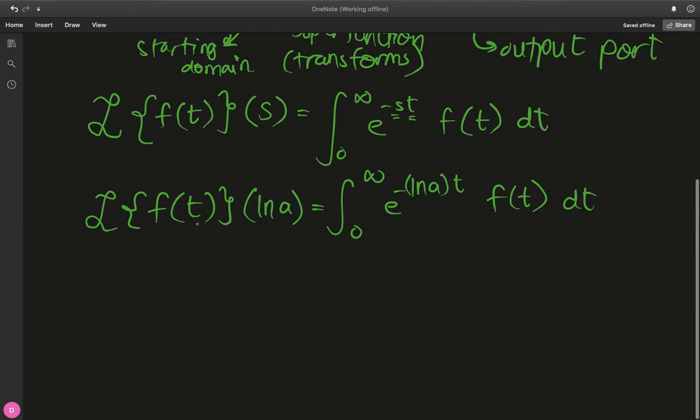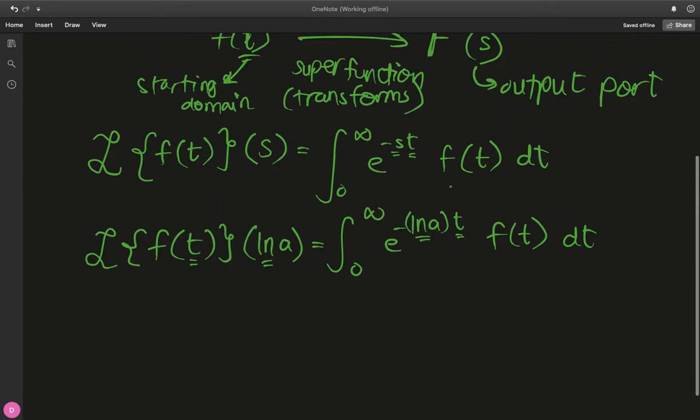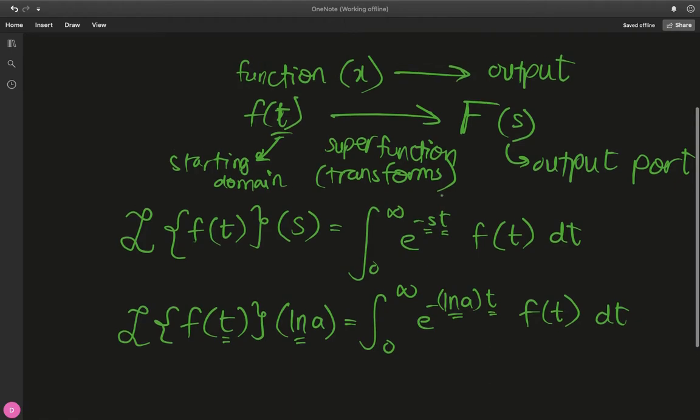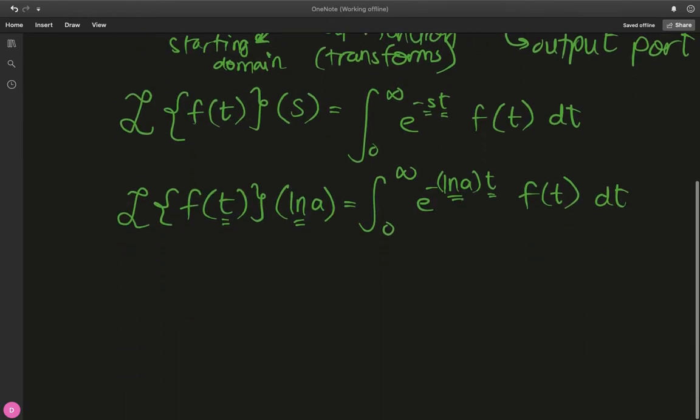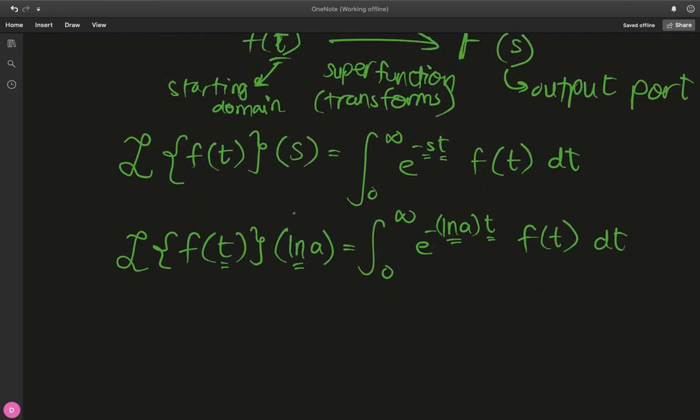So again, notice that the input t is also present in the power of e, and the output domain is also present in the power of e. So remember this property, e raised to output domain times input domain. This is really important going ahead with the proof. So I hope I'm making myself clear when I explain what Laplace transforms are.